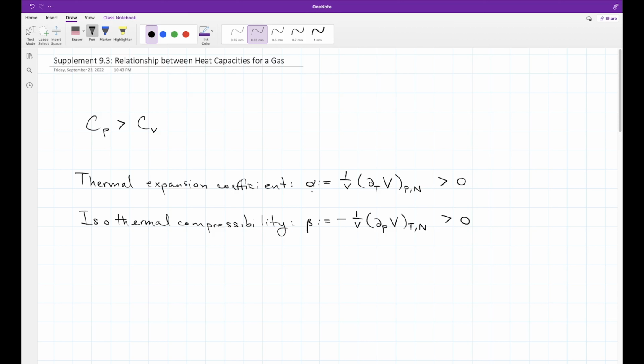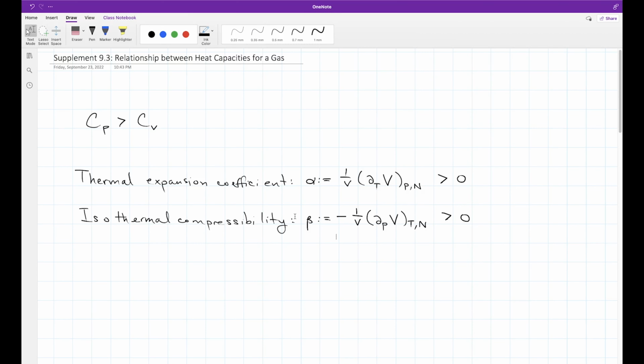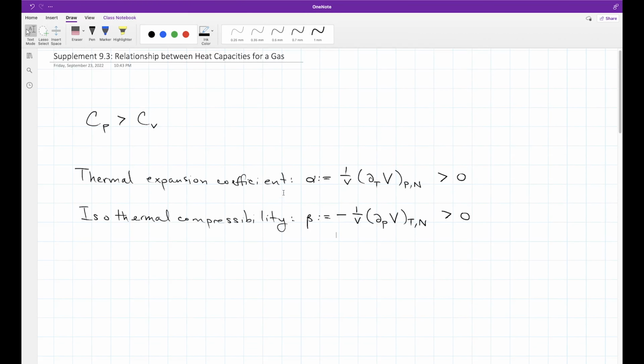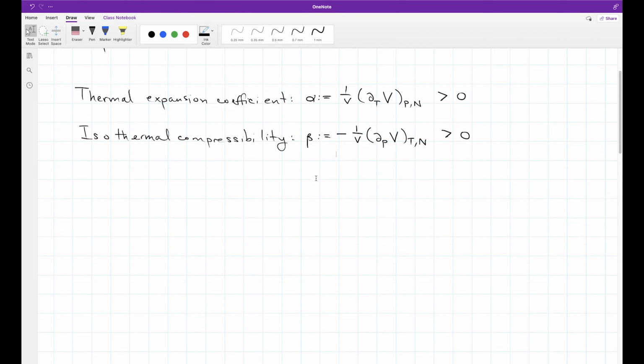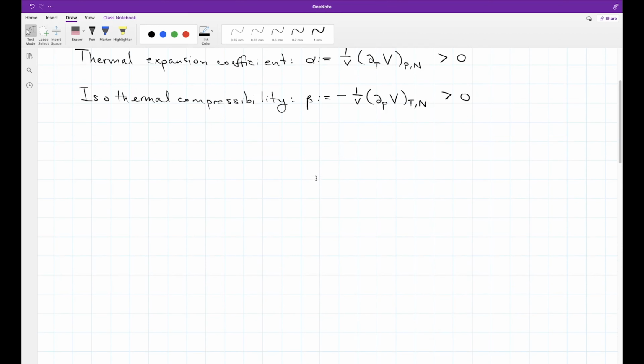So the only way to make alpha intensive is to divide by an extensive quantity. So we choose to divide by V here. And we do the same down here. So hopefully this gives some illustration of why we expect both alpha and beta to be positive. And if that's the case, then we can go about this proof.